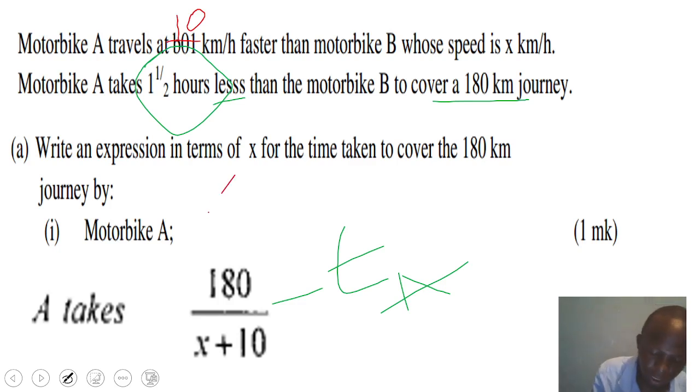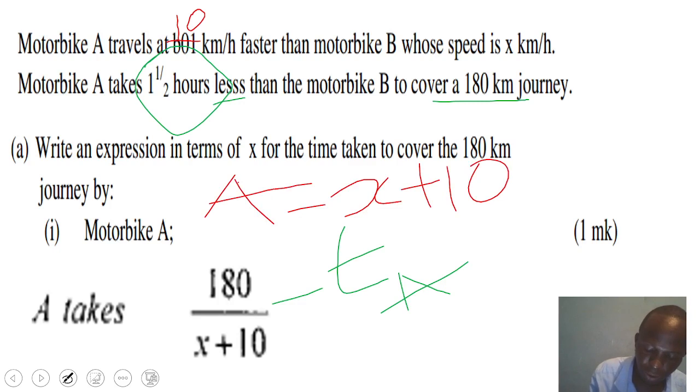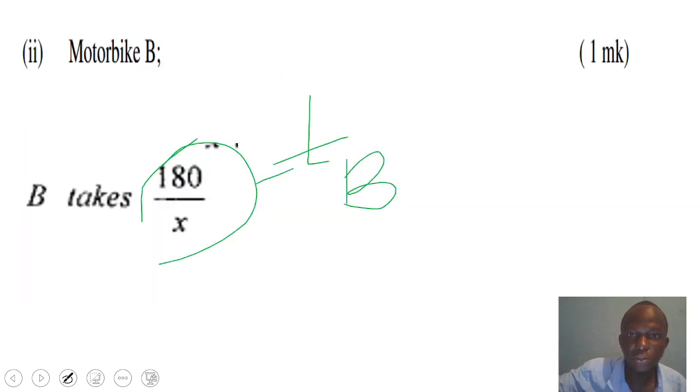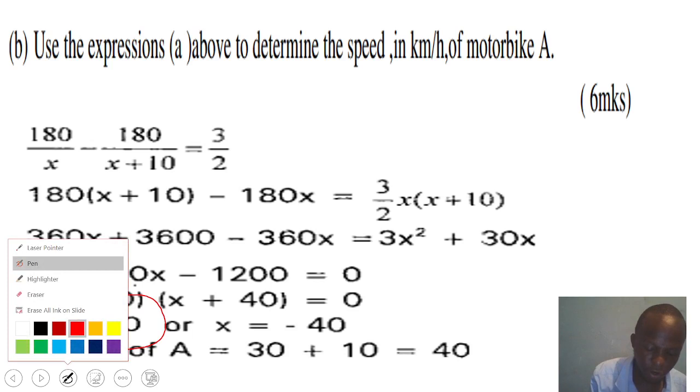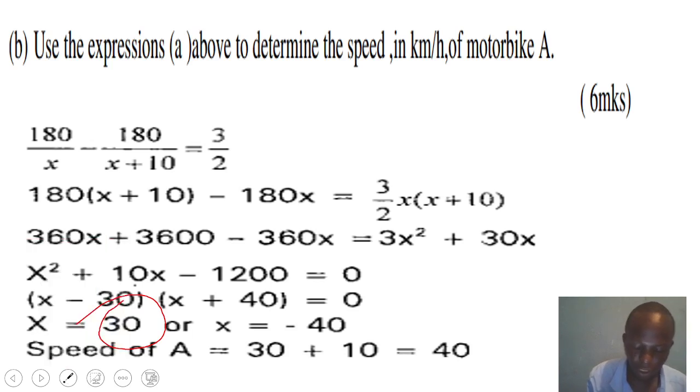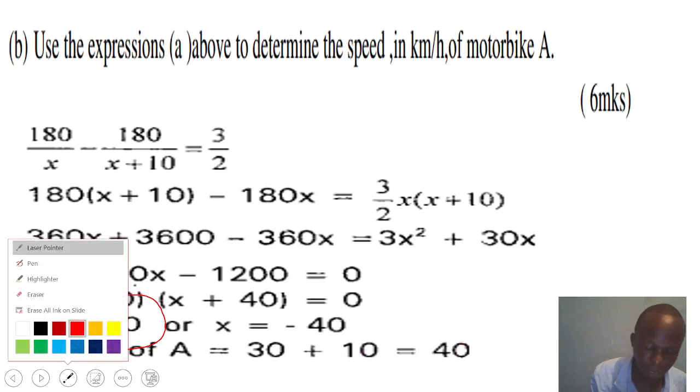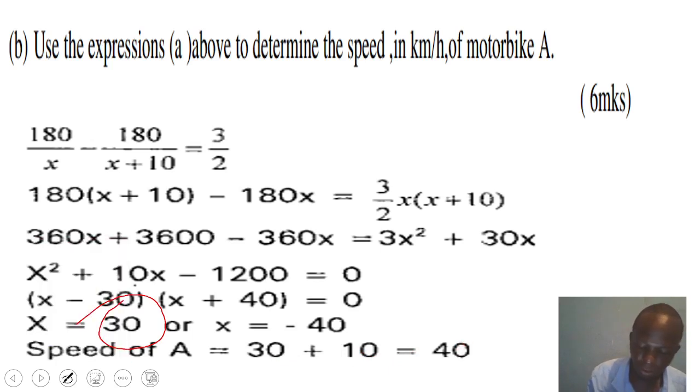So A is 10 km faster than B, so A is x plus 10 kilometers faster than B. That is the reason the speed of A is 30 plus 10, which is 40.